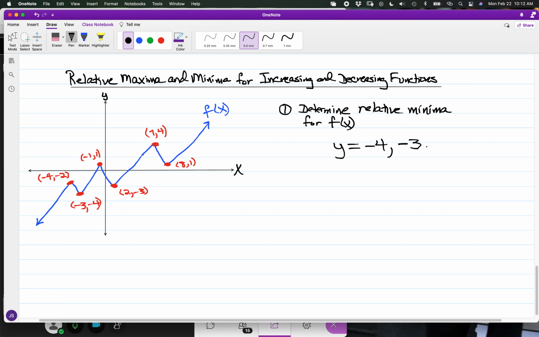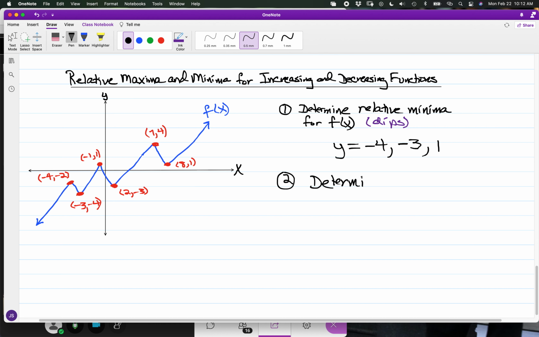So you have negative 4, negative 3, and also 1. Just a nickname here: those are going to be the dips. In other words, where a decrease is immediately followed by an increase.